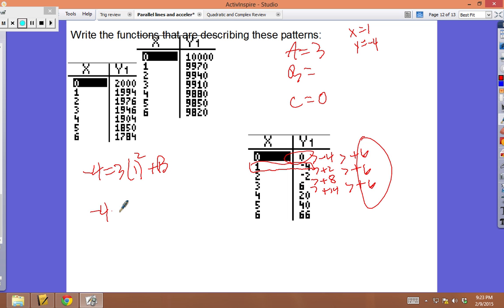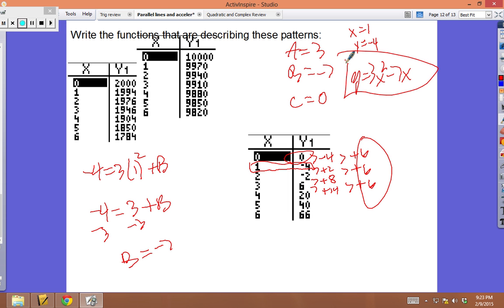So I've got negative 4 equals 3 plus b. Minus 3, minus 3. B must be negative 7. So my answer: y equals 3x squared minus 7x plus 0.